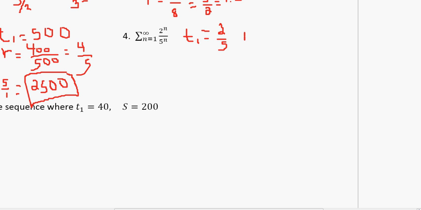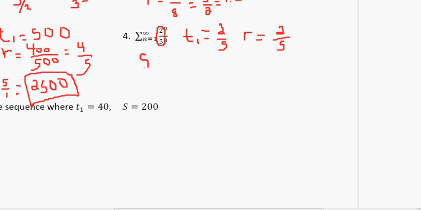So that would be 2/5. And our common ratio, which we saw in the last section, when you have this fraction in here, that's actually your common ratio. So your common ratio is 2/5. So t sub 1 is 2/5 and r is 2/5.